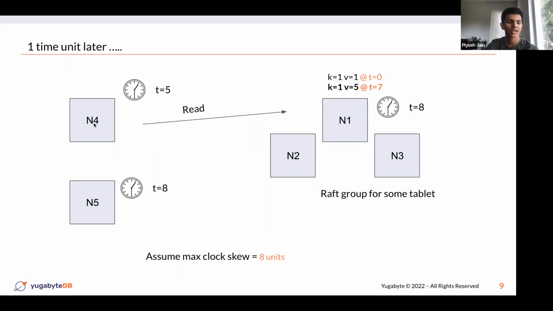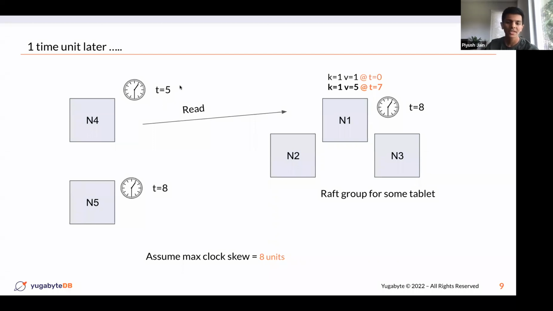You can just go ahead and read. You should see the same, right? So this guy connects to N4 and does a read. Now, when the user does a read, the timestamp on the node is t equals 5. The read is just going to pick some timestamp, the latest timestamp that it sees. It picks t equals 5.